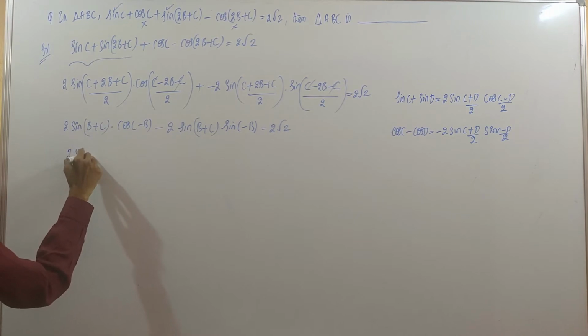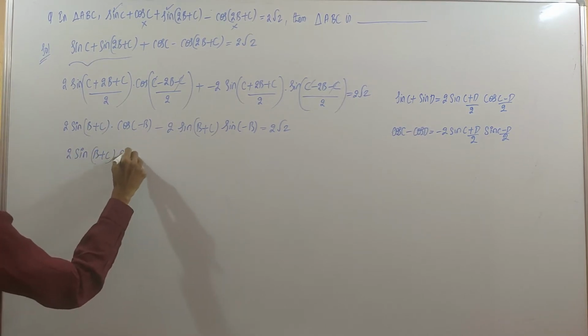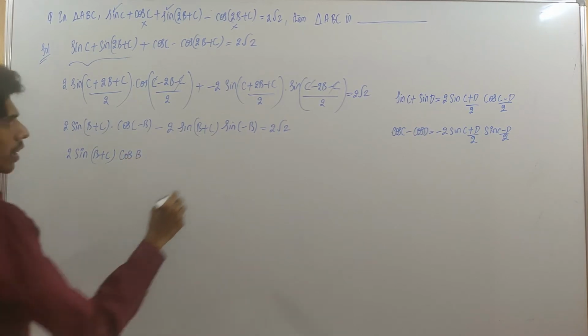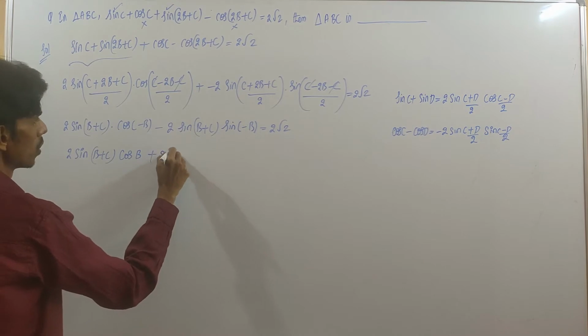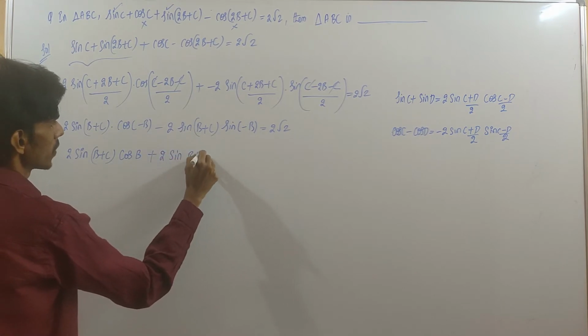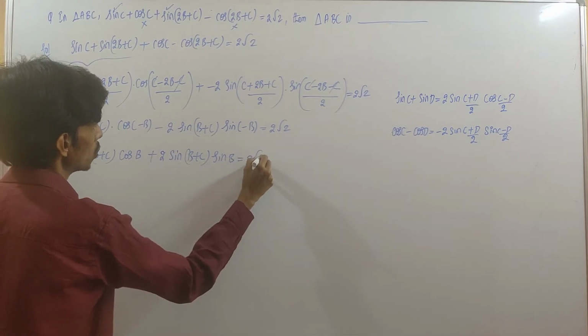So 2 sin (B plus C), cos of negative is positive, so it will become cos B only. Here sin of negative is negative, so this minus and this minus will become 2 sin (B plus C) into sin B is equals to 2 root 2.